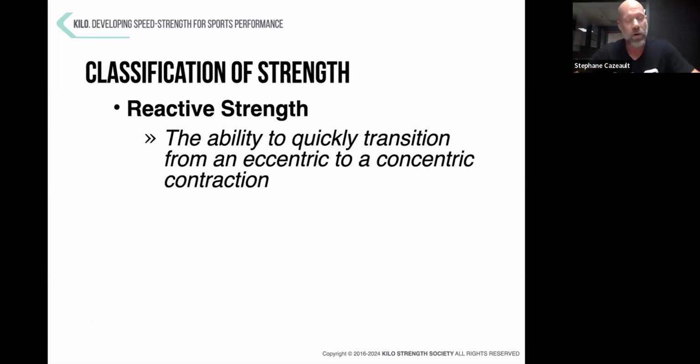This is the fastest, but also usually the lightest, of the strength qualities involved in speed strength, okay? But reactive strength, explosive strength, and starting strength are components of the entire speed strength family.